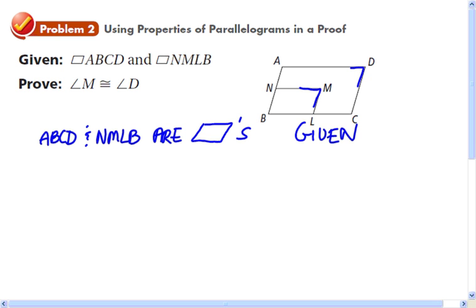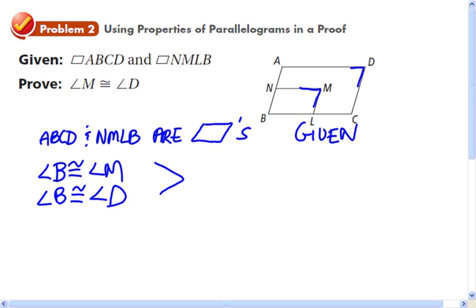And because of that, we can say that angle B is congruent to angle M, and angle B is congruent to angle E. And that's because parallelograms have congruent opposite angles.